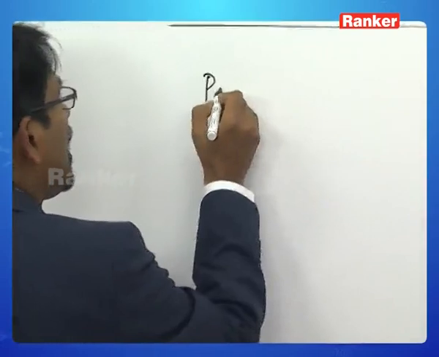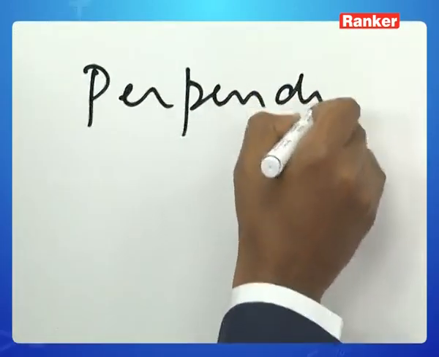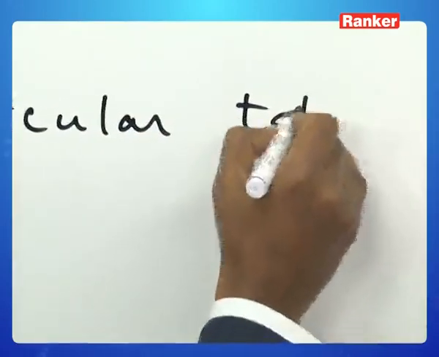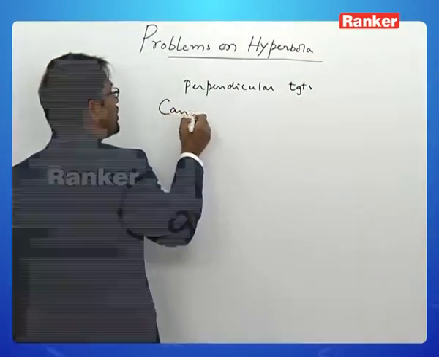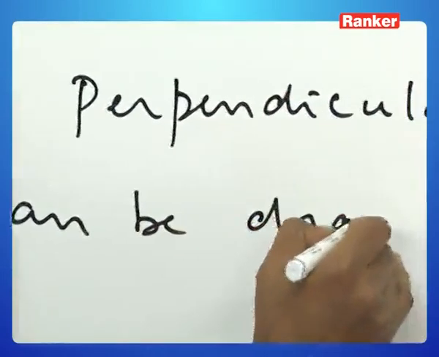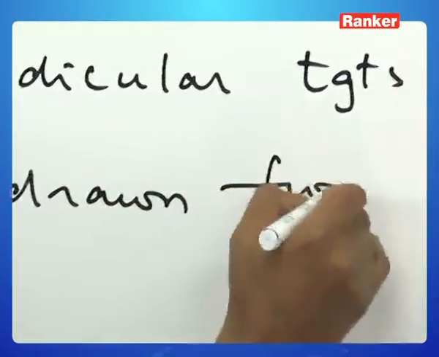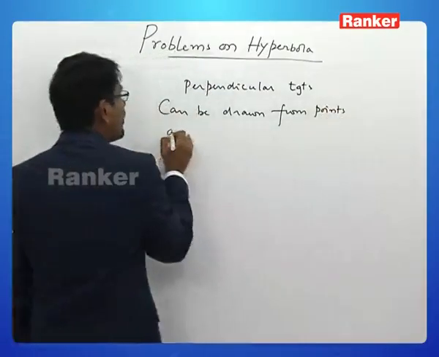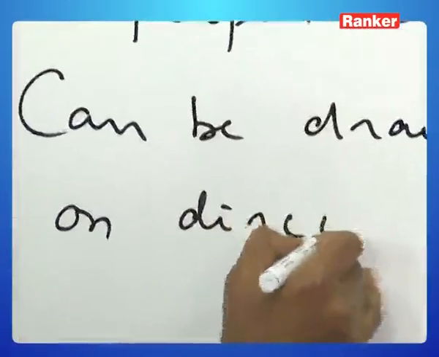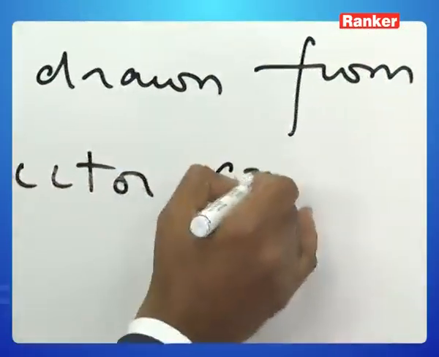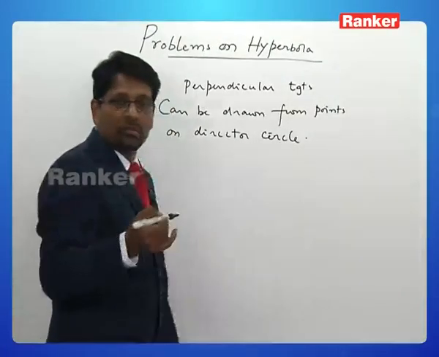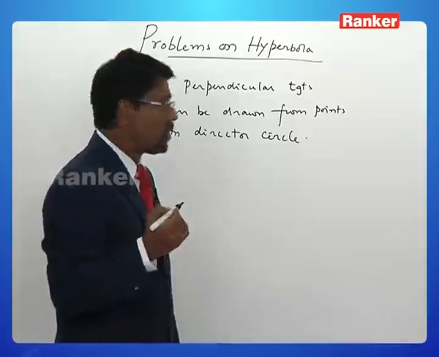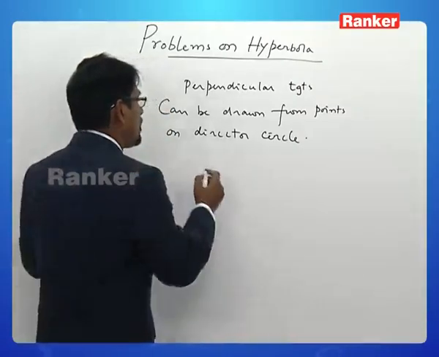So, perpendicular tangents can be drawn from points on the director circle. Whether it is for circle or ellipse or hyperbola, perpendicular tangents can be drawn from the director circle.